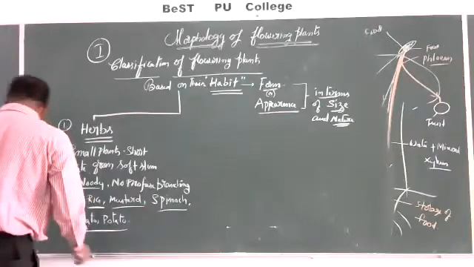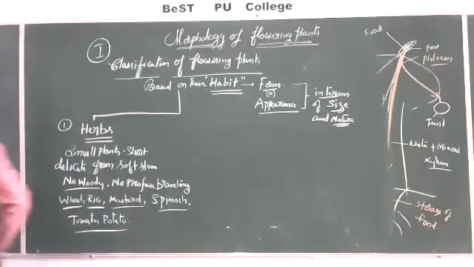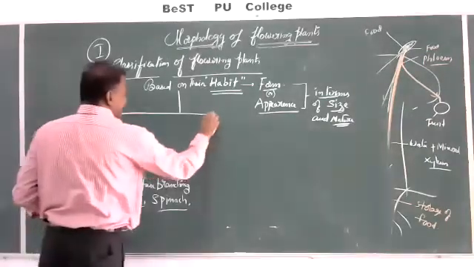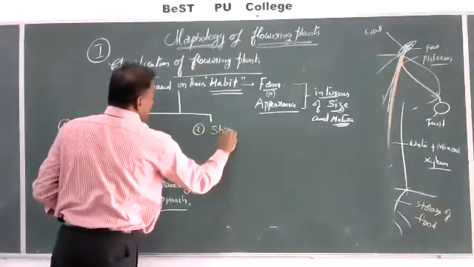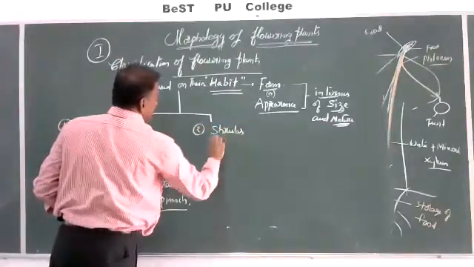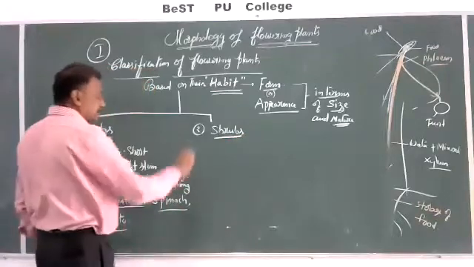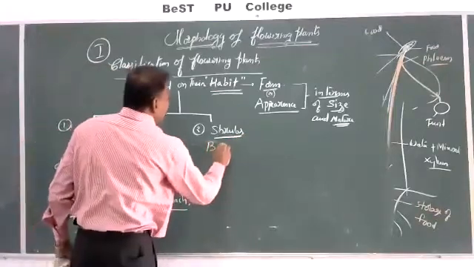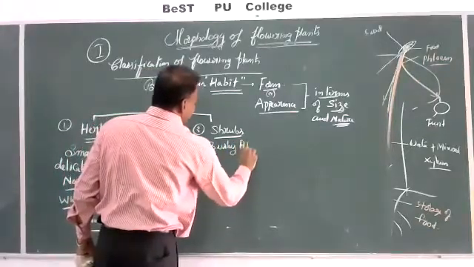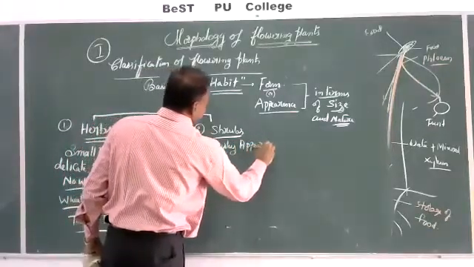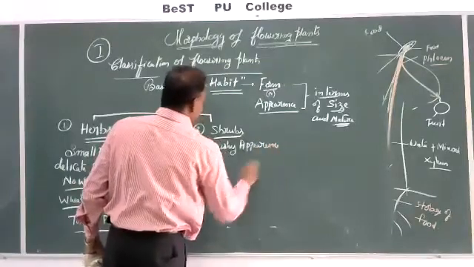Second category of plants, shrubs. Shrubs are bushy plants, with a bushy appearance. We will see why it is bushy.